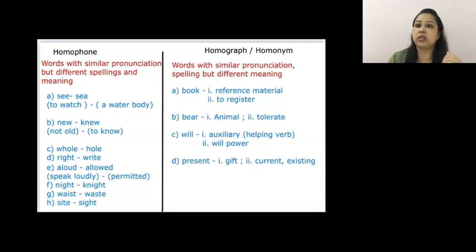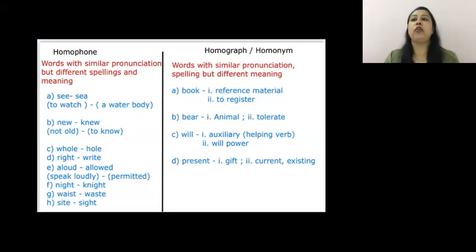Okay, so to register. Bear. First is the animal bear, and the other bear is when you are tolerating something. Will. One will is your auxiliary will. I will achieve success. Will, auxiliary. And the other is willpower. Present. One is gift and the other is existing.